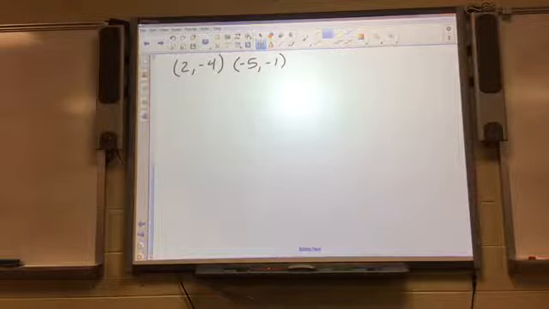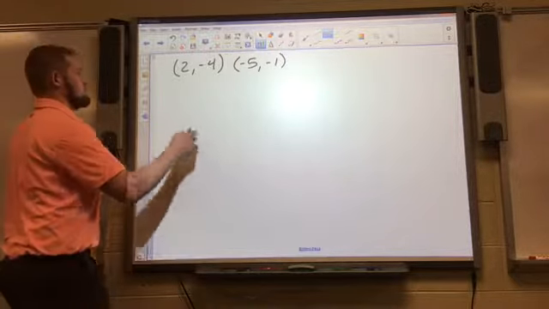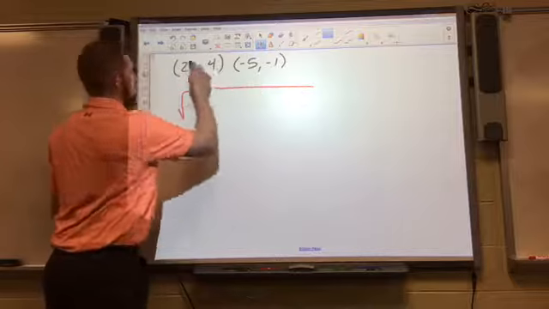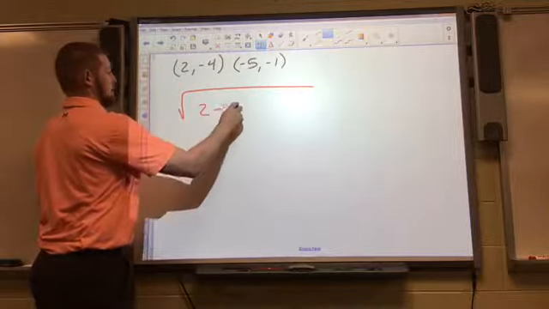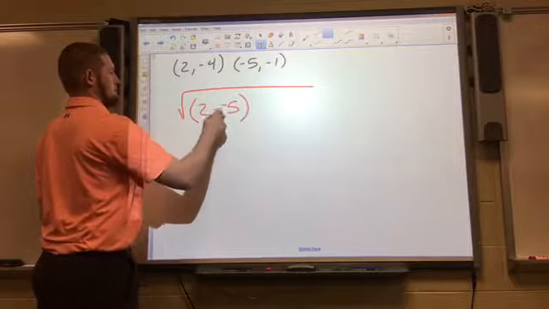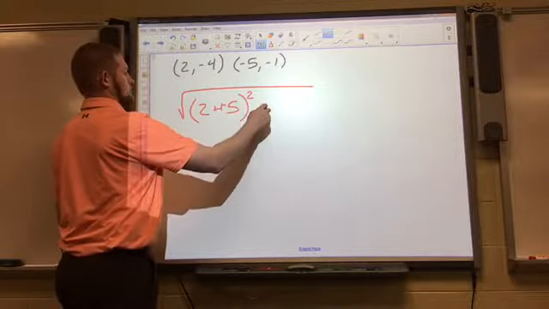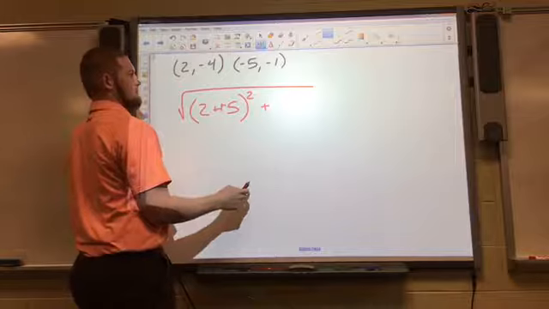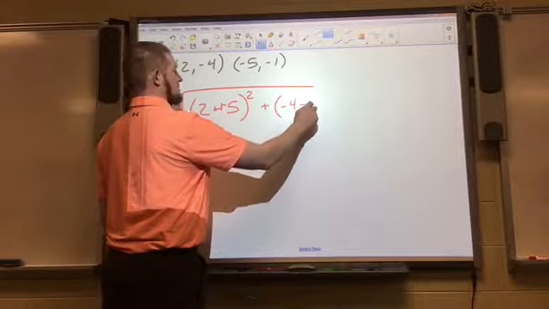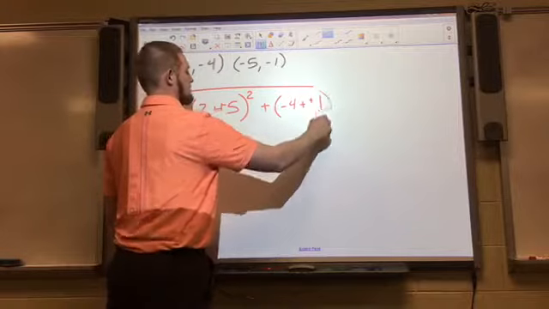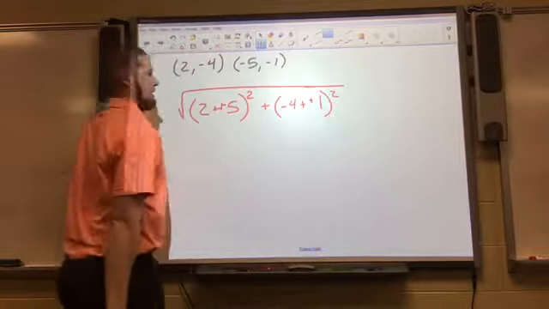How do I decide which is x2 and which is x1? It doesn't matter. So Kobe, which one do you want to be x2? 2. So I have 2 minus -5, which is actually +5, squared, plus -4 minus a -1, just +1, squared.